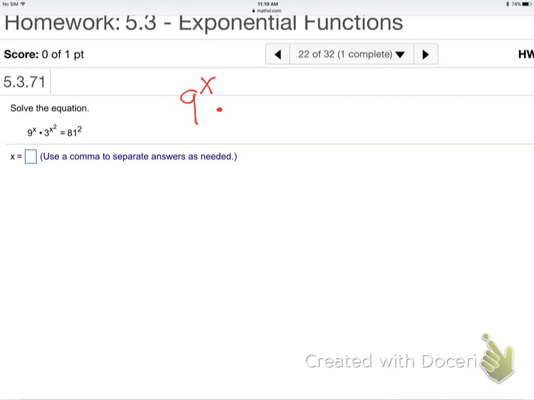So 9 to the x times 3 to the x squared is 81 squared. All right. So make those all out of 3s, right? All out of 3s. And then put them together.